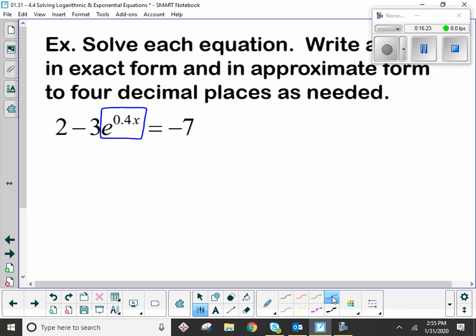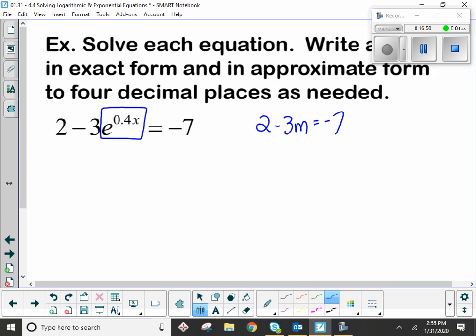And it's just like if instead of that e to the 0.4x, you had this equation where there's just a regular variable there. See, everything else is the same except I put an m where that box is over there. It's the same math to get started. In this easier equation, you would do what first? Subtract 2. You would get that over, and then you would divide by -3.